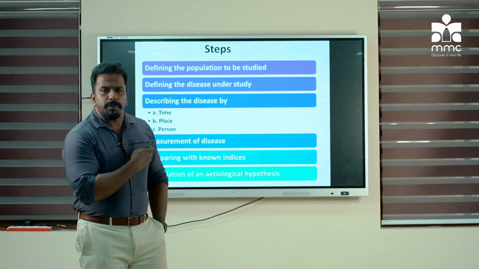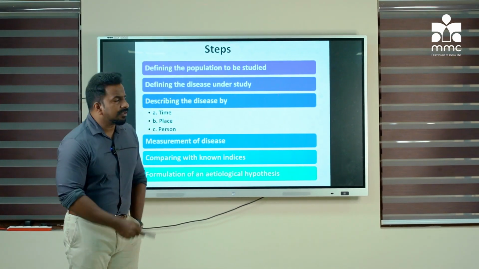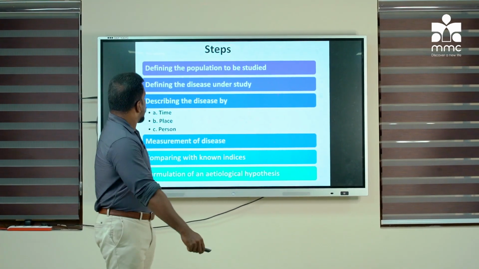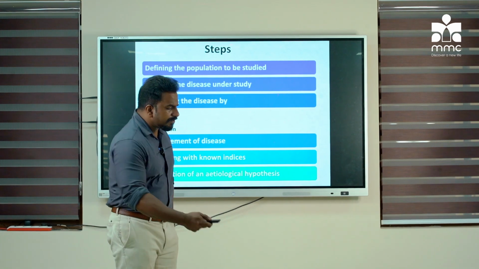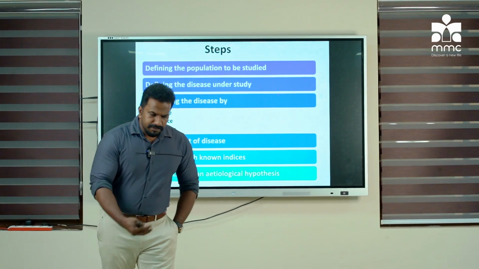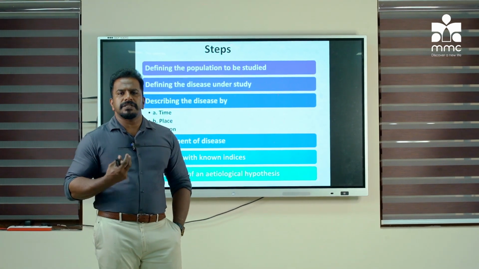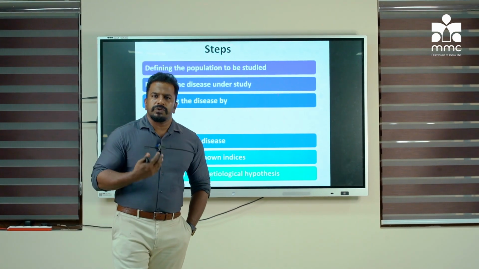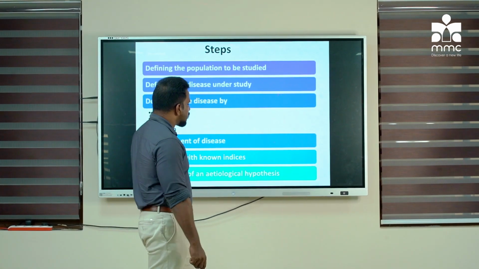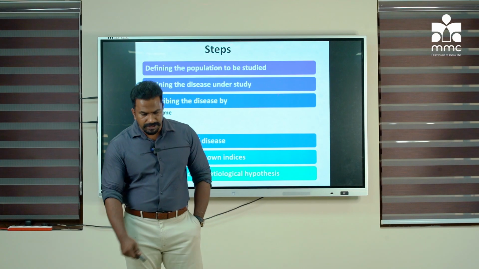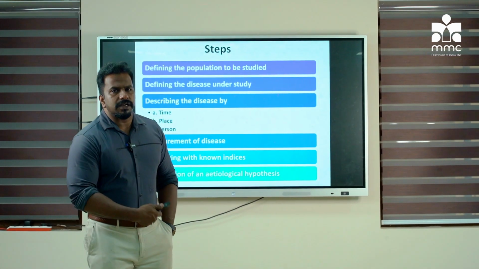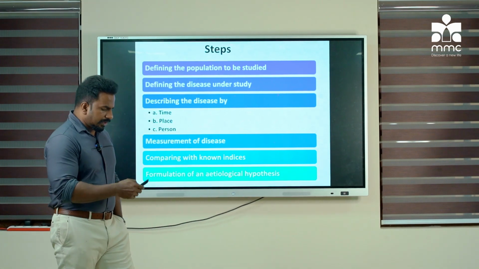Here the population will be the Modakalur population, and the disease under study will be diabetes, and then describing the disease by time, place, person, and measurement of disease. Here the measurement will be in percentage, like how many percent of people in Modakalur have diabetes, comparing with known indices, and formulation of an etiological hypothesis, like whether it is more than the usual data or lesser than the usual data.